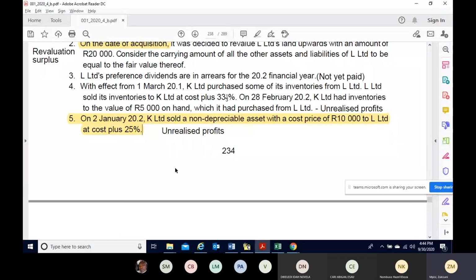Are we going to include that transaction on the analysis of equity? Right, we are not, that's correct. We are not going to include it mainly because the seller, in this case, is the parent and not a subsidiary. So we only make adjustments in the cases of a subsidiary who would have made a sale.